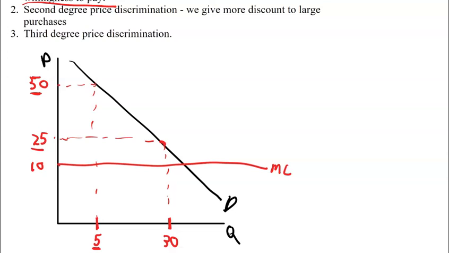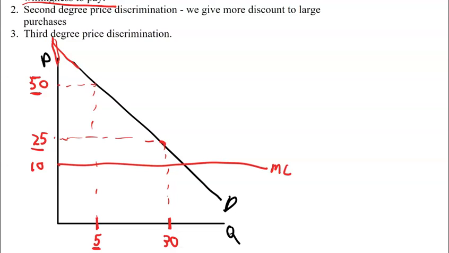So in this case, if I charged everybody $25, so let's say I have 35 people coming in to buy from my market.